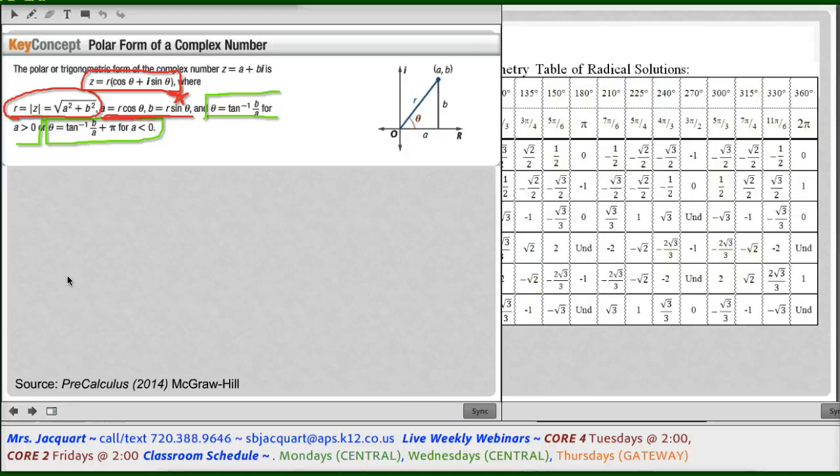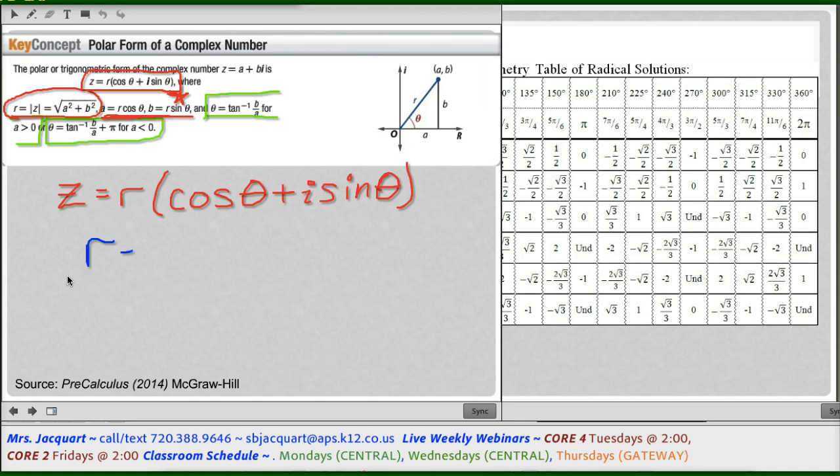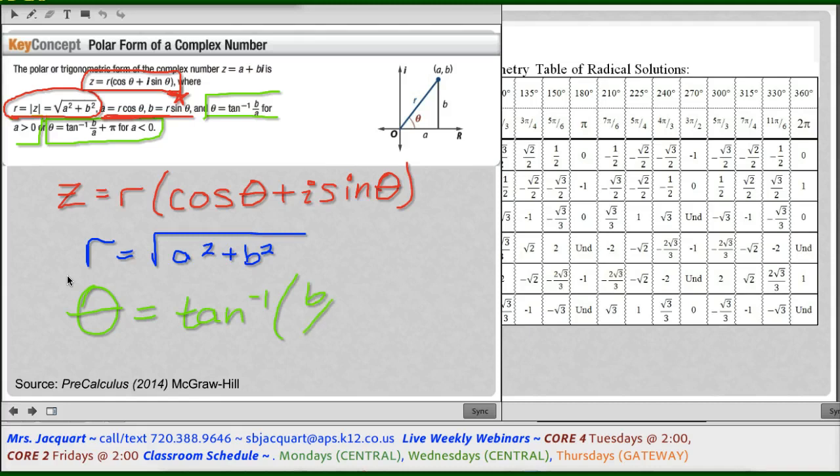Okay, so when we express it in polar form, let's write it out this way. r equals the square root of a squared plus b squared, and theta equals the inverse tangent of b over a.